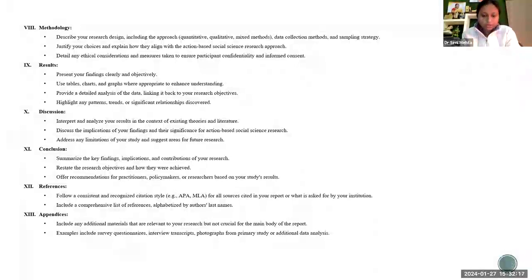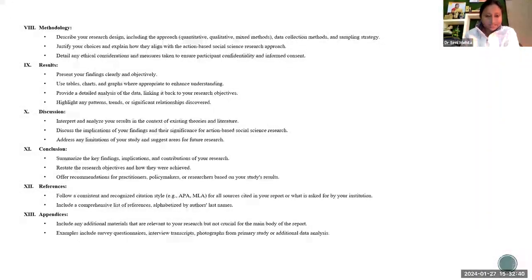You can also include appendices, any additional materials relevant to your research, for example questionnaires, or any other data which may help in cross-checking or verifying your data analysis. You can also include interview transcripts, photographs from primary field study, etc.